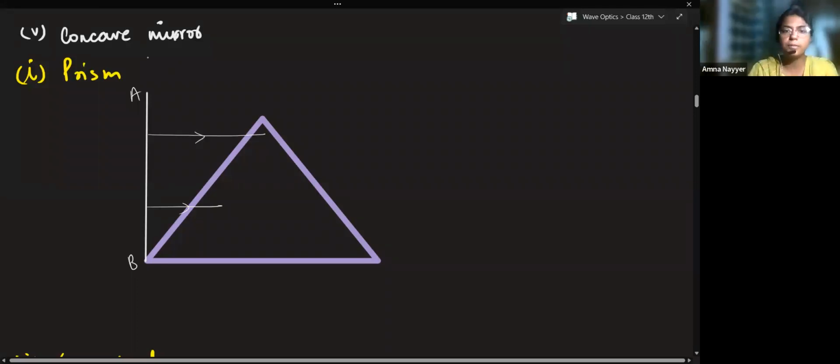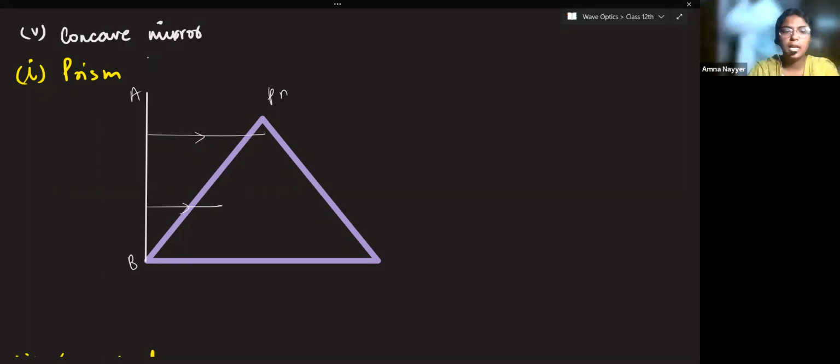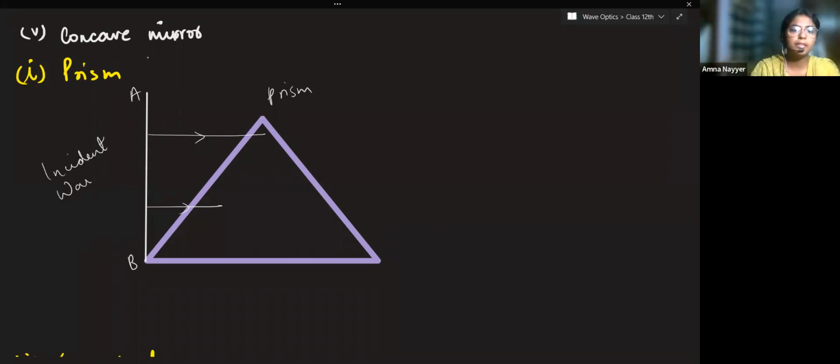This is your prism and this is the incident wavefront. Now see what will happen when refraction will occur. This way refraction will occur. Here, this way refraction will occur.